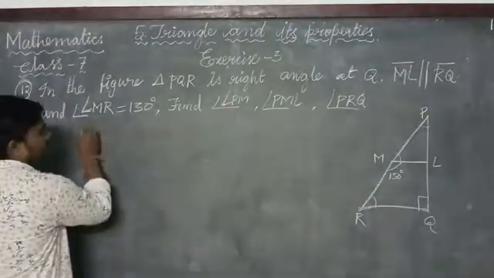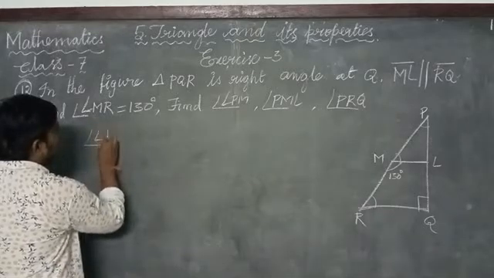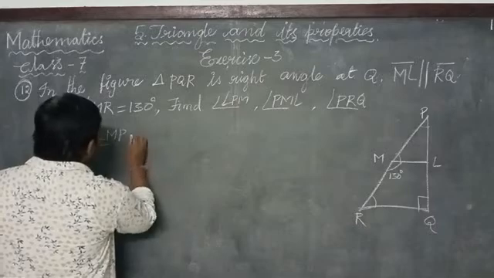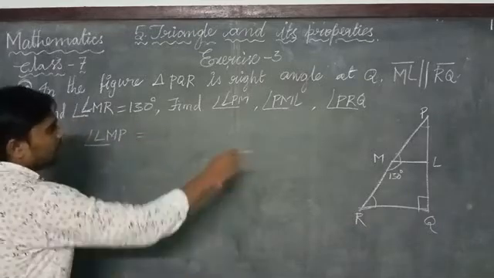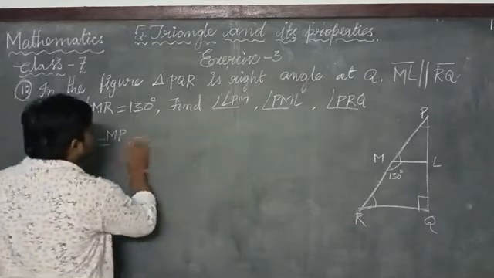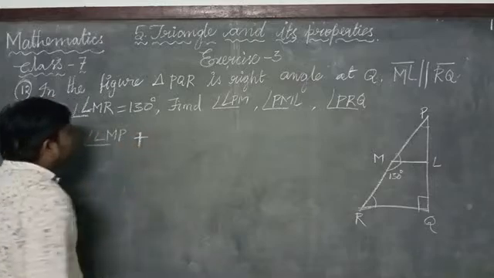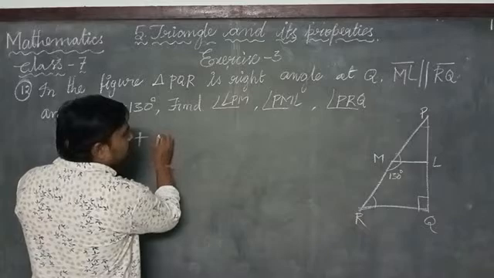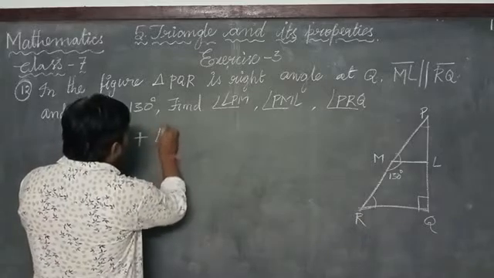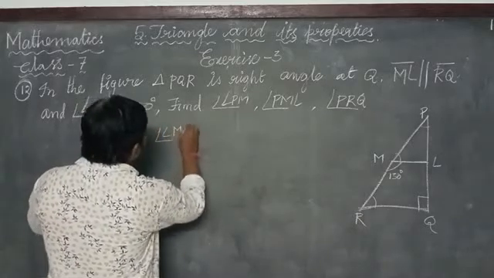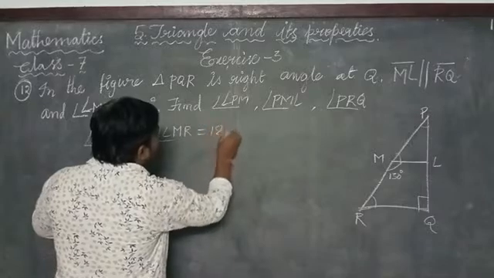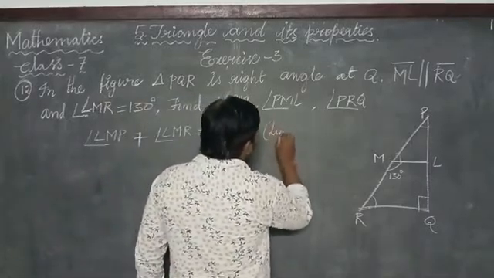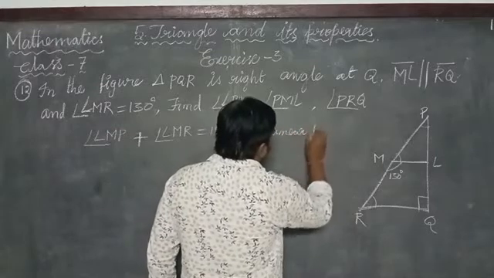So angle LMP plus angle LMR equals 180 degrees, since they are a linear pair of angles.